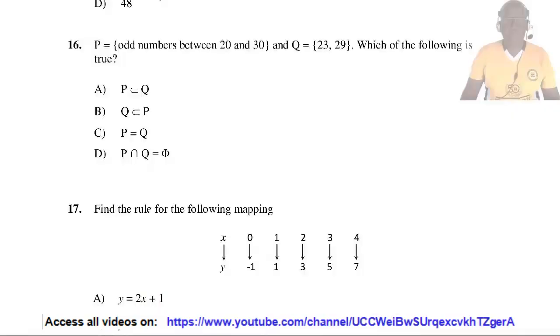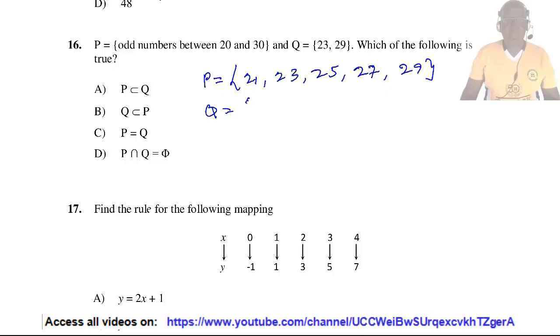Question 16. Set P equals odd numbers between 20 and 30, and Q equals {23, 29}. Which of the following statements is true? Set P, odd numbers between 20 and 30, equals 21, 23, 25, 27, and 29. And Q equals 23 and 29.